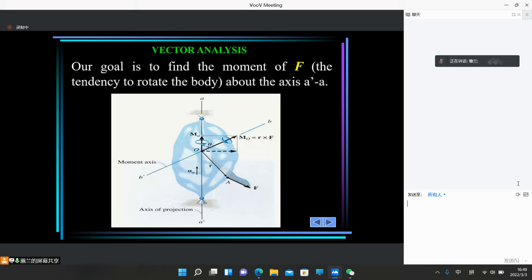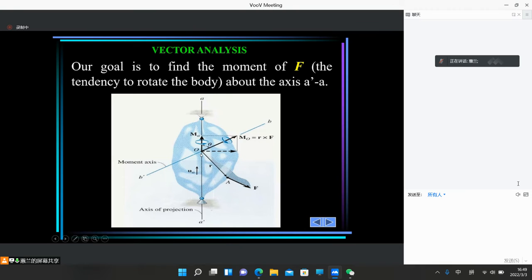How to find it? Here, we just find a point, any point you can choose. It's an arbitrary point you choose on AA prime, and then you calculate the moment of force F about point O. That's the position vector cross F.